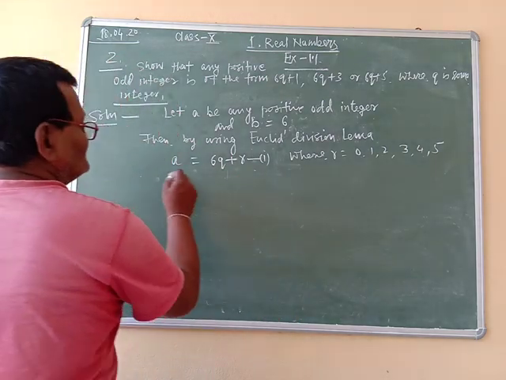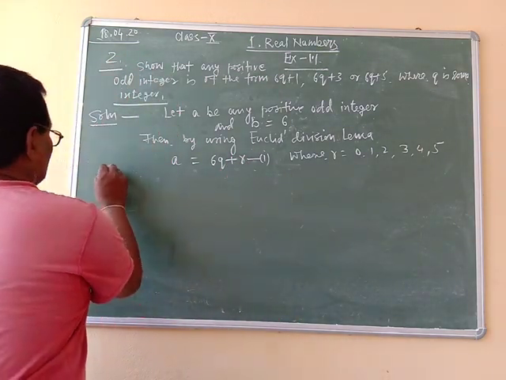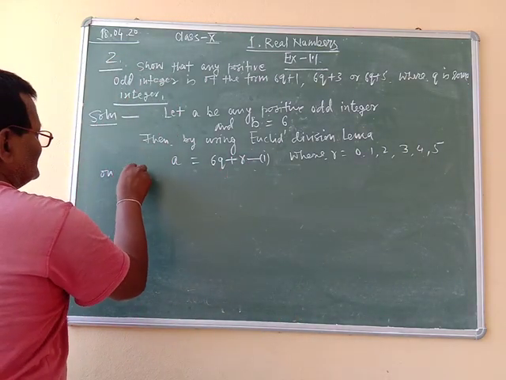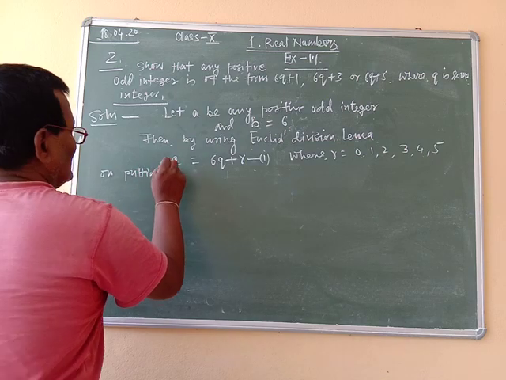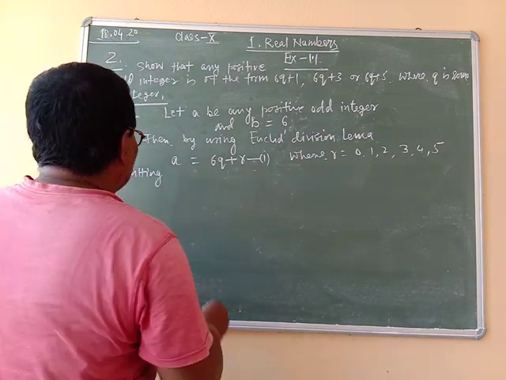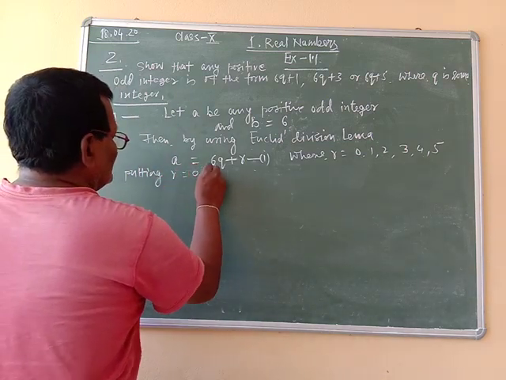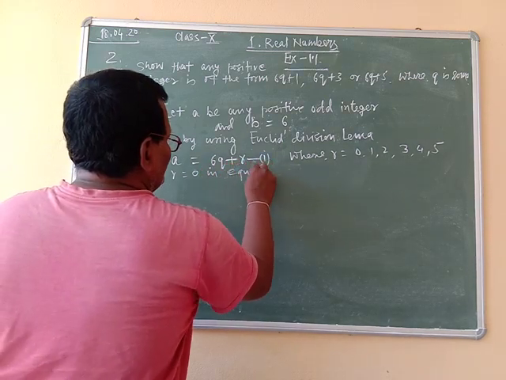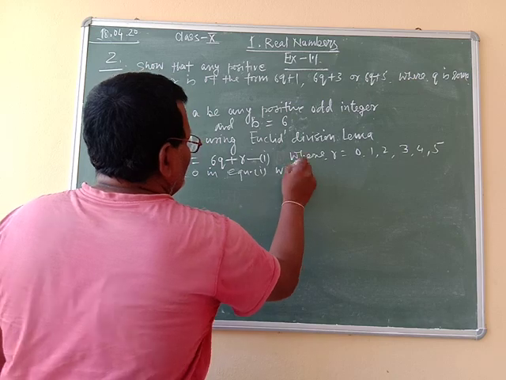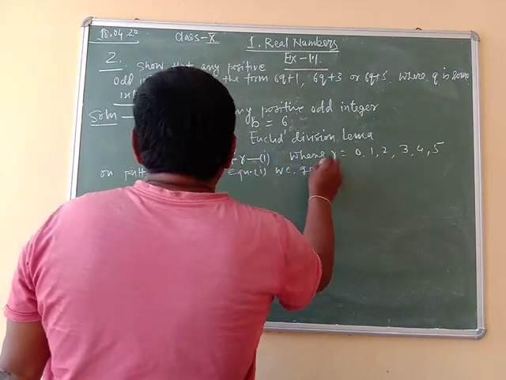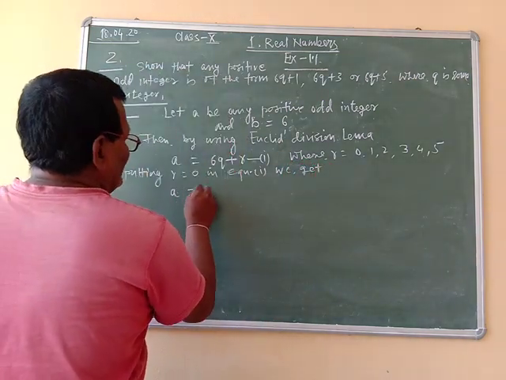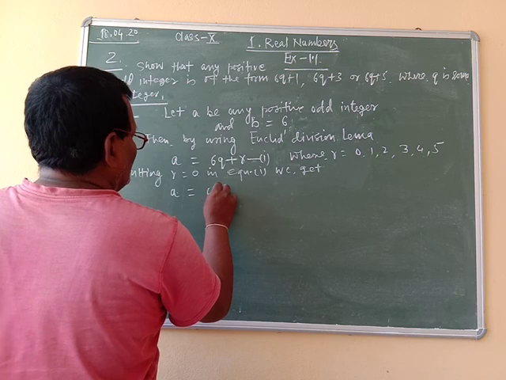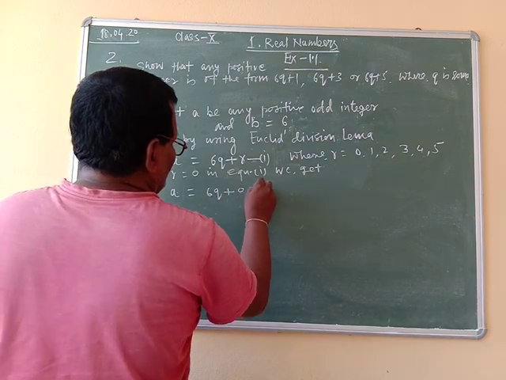On putting r equal to 0 in equation 1, we get a equals 6q plus 0 equals 6q.